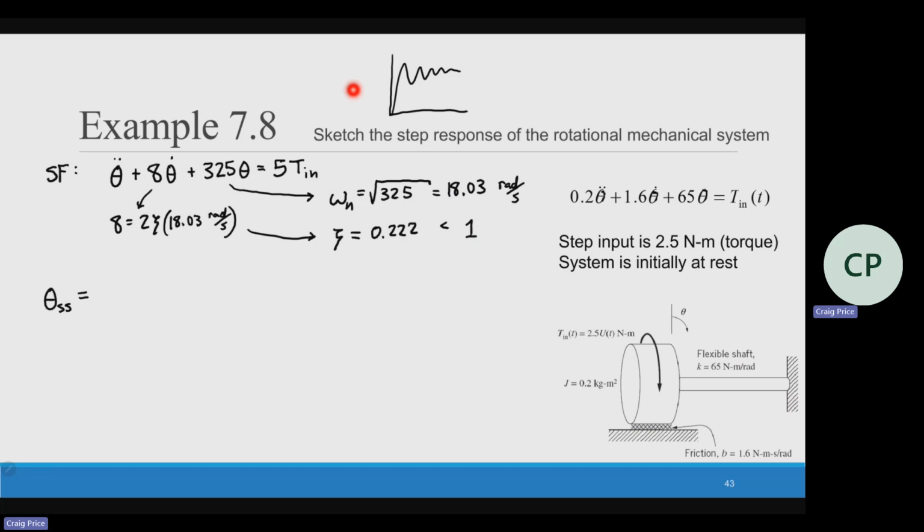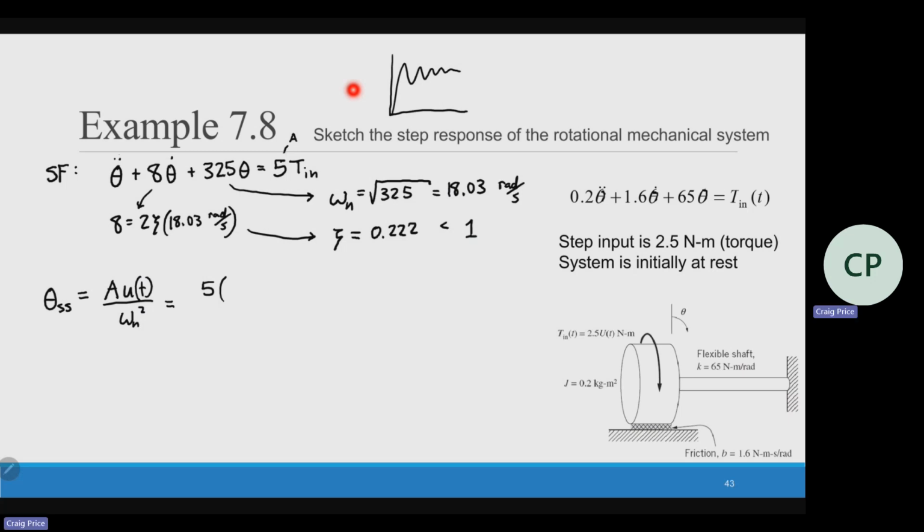So theta steady state, I have this equation where it's A times U over natural frequency squared. What is A in this case? It is 5. This is A right here. What is our input?